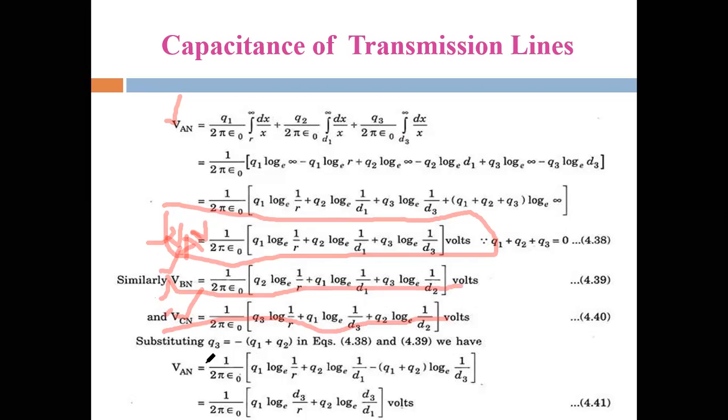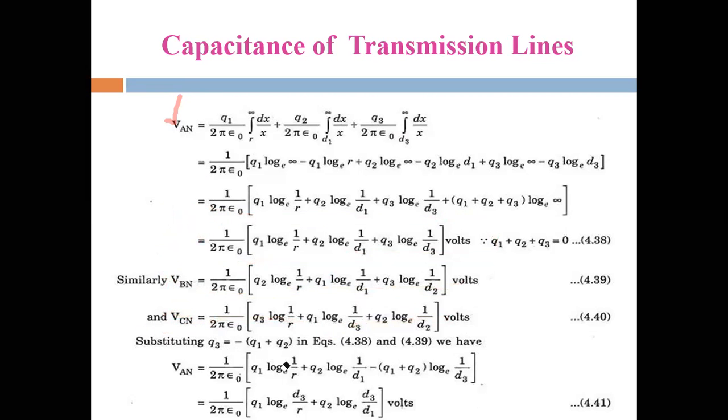Okay, then substitute Q3 equal to minus of Q1 plus Q2 in the above equations, that means in equation number 4.38 and equation number 4.39. Okay, substitute Q3 equal to minus Q1 plus Q2.